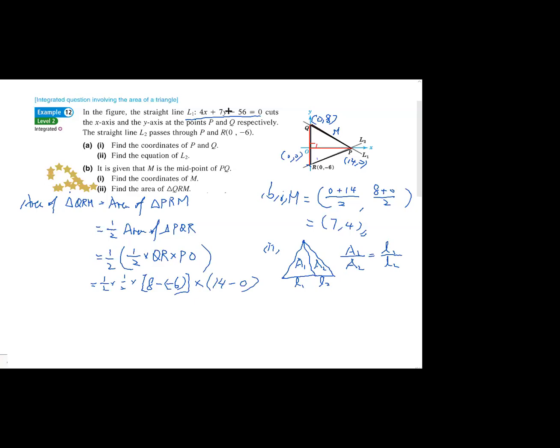The remaining steps are just numbers, so do the calculation very carefully. 1/2 times 1/2 is 1/4, times 8 minus -6 which is 14, times 14. That should be equal to 49. So that is the area of triangle QRM. Is it okay?